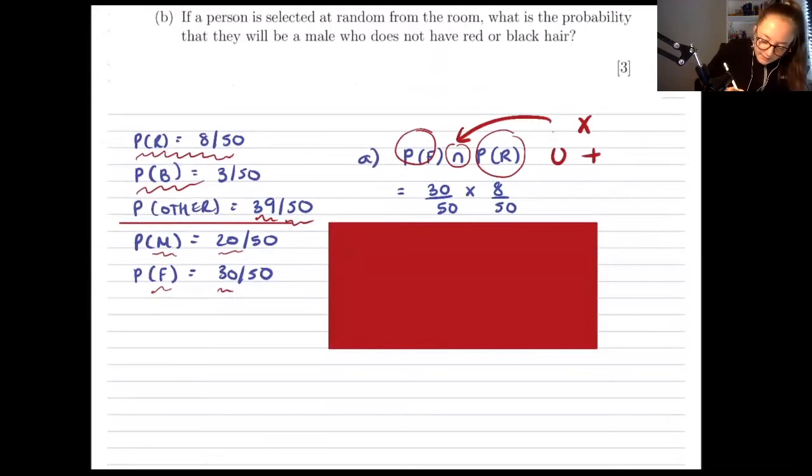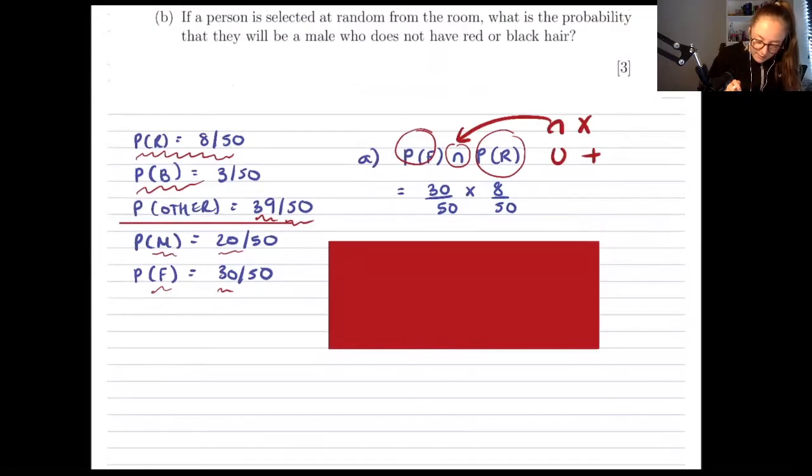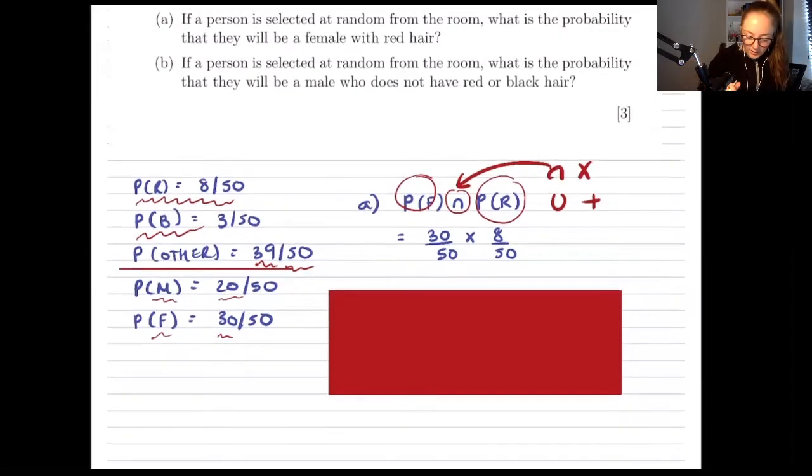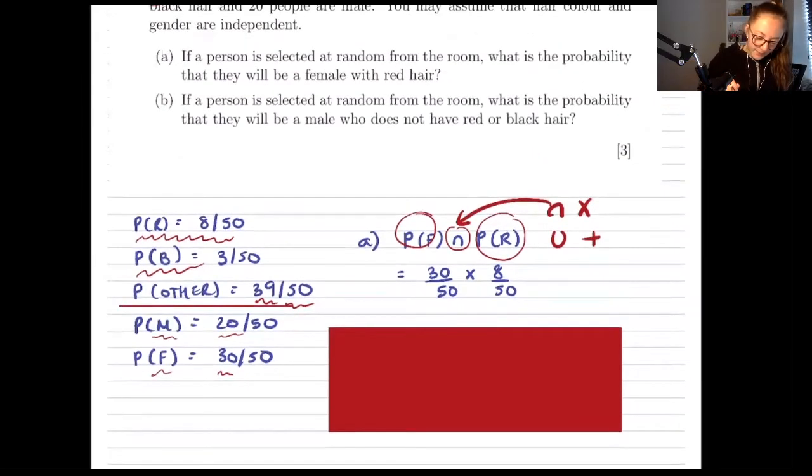So here we have and, which would be multiplying your probabilities. So 30 over 50 for being female, and then 8 over 50 for having red hair makes the probability 12 out of 125.